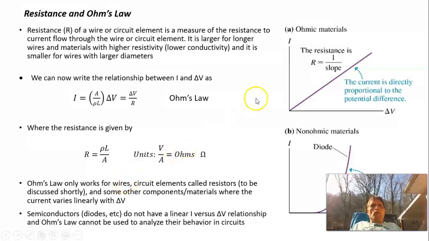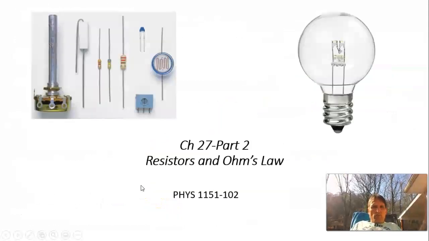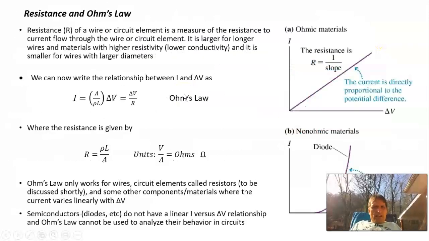But it's important to note that Ohm's law only works for wires, circuit elements called resistors, which are any of these things, and other components or materials where the current and the potential difference vary linearly.